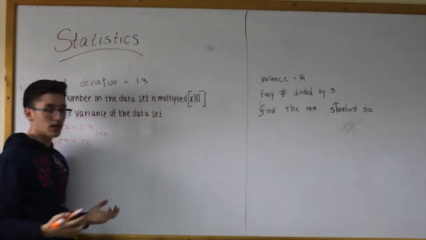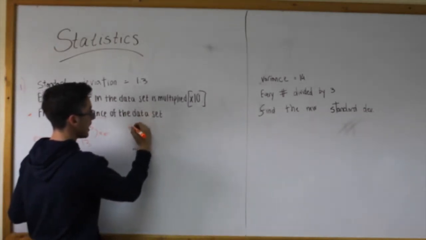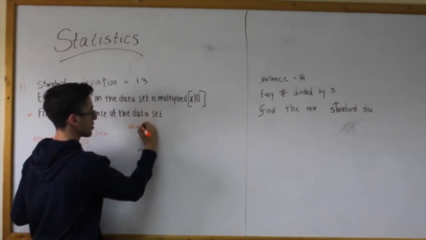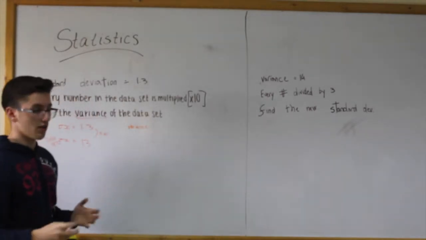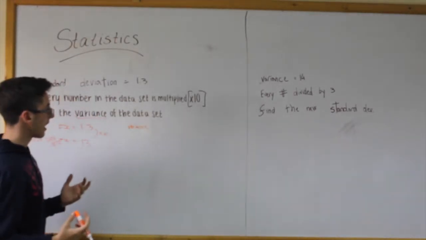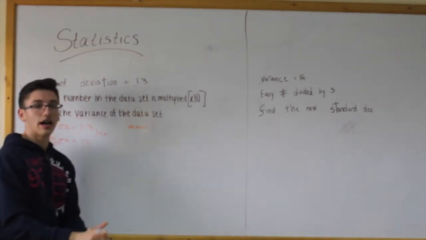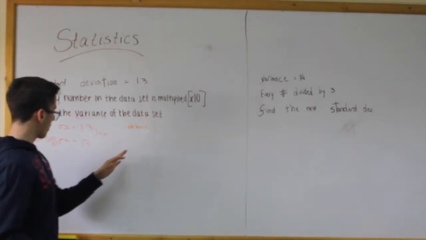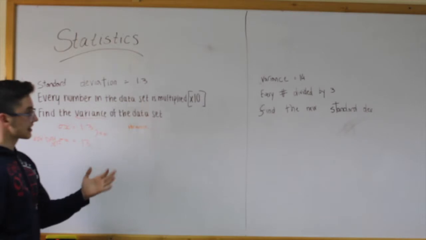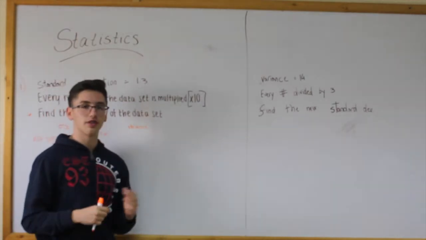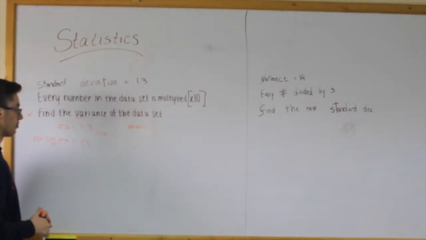As some of you may recall, variance is another way of measuring the spread of data, just like the standard deviation or the IQR or the range, except it's the same thing as standard deviation, except you don't square root the number after you add them all up.